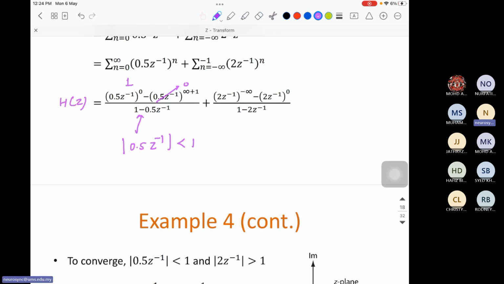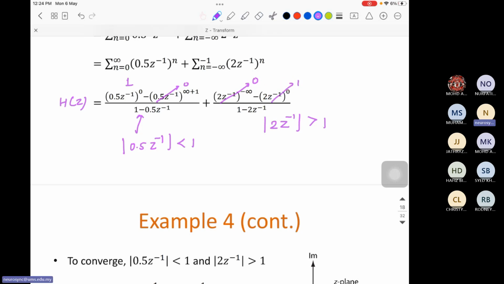For the second term, this will converge when |2 z^-1| is greater than 1. Why greater than 1? For greater than 1, this term will be 0 and this is 1.